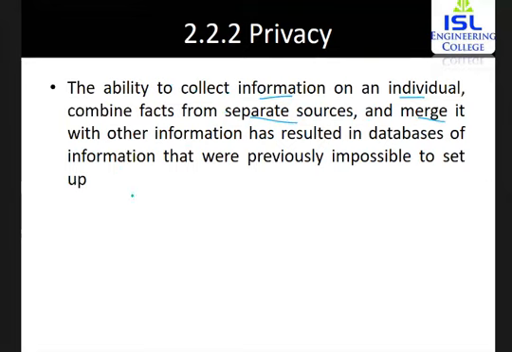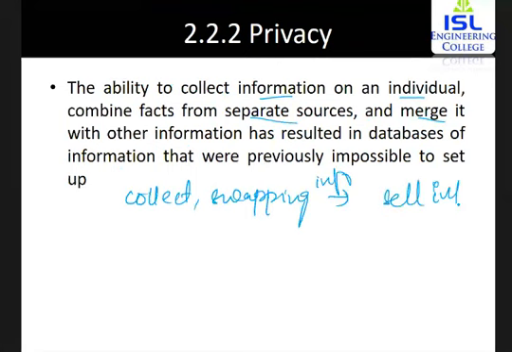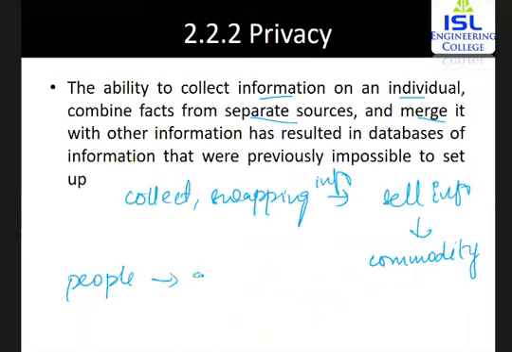Many organizations, in simple words, are collecting and swapping information so that they can sell this information, selling it as a commodity. When many organizations are collecting, swapping, and selling this information, what do people do? These people are approaching the government for the protection of their security.